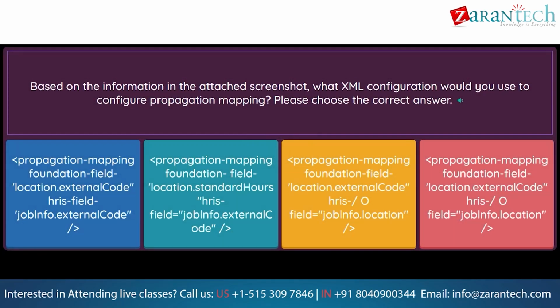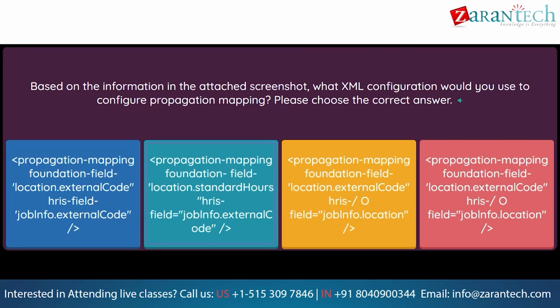Question: based on the information in the attached screenshot, what XML configuration would you use to configure propagation mapping? Please choose the correct answer. Option 1. Propagation mapping foundation field &#39;location.externalCode&#39; hris-field &#39;jobInfo.externalCode&#39;. Option 2.